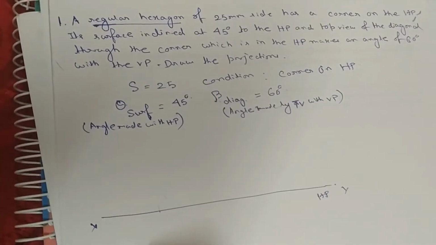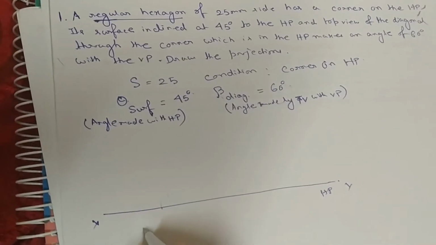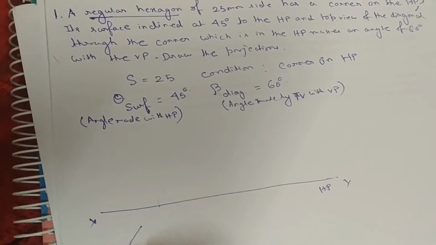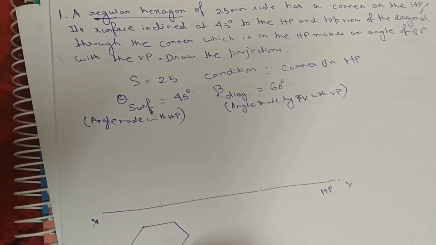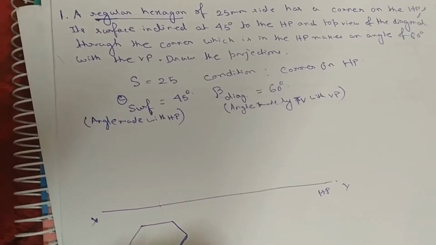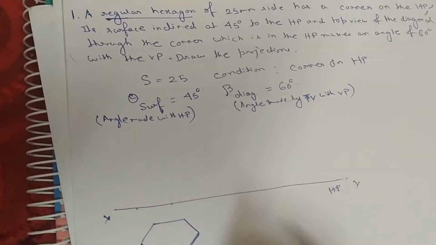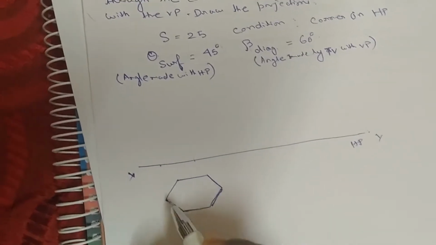So how are we going to draw it? One corner has to be on HP, so we will simply draw it like that, so that one corner will be on HP. How are we going to draw this hexagon?